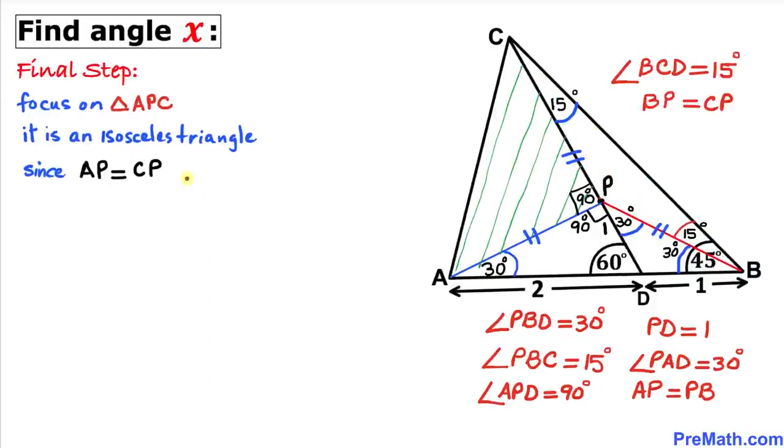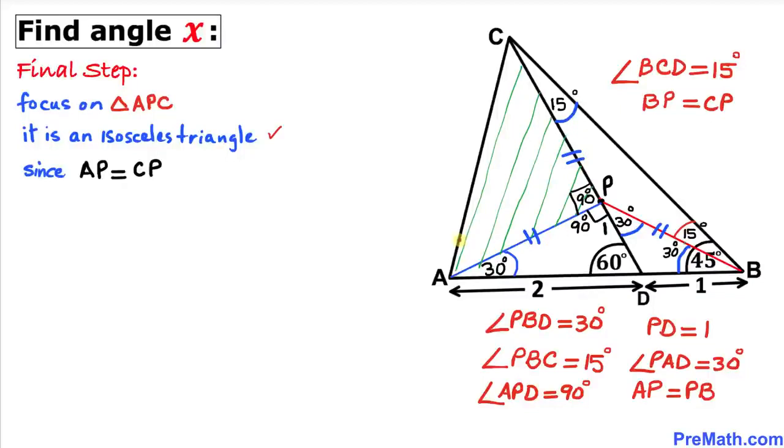And here's our final step. Let's focus on this triangle APC. We know that this angle is 90 degrees. And we also know that this is an isosceles triangle since this side length AP and this side length CP are equal.